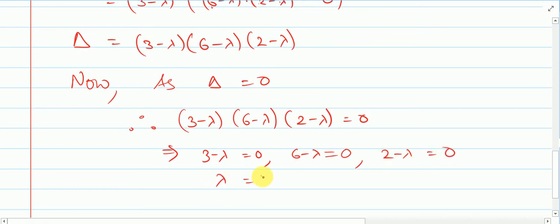So lambda is 3 or lambda is 6 or lambda is 2. Therefore lambda equal to 2, 3, 6. So here lambda can have these values 2, 3, 6. So this was your question number 4.